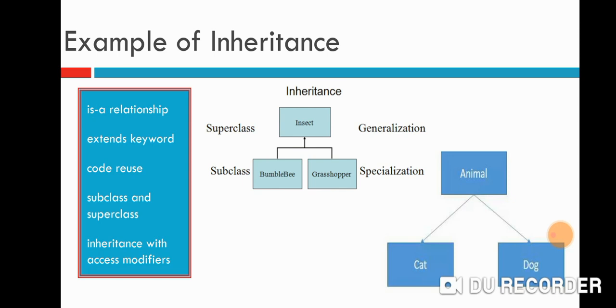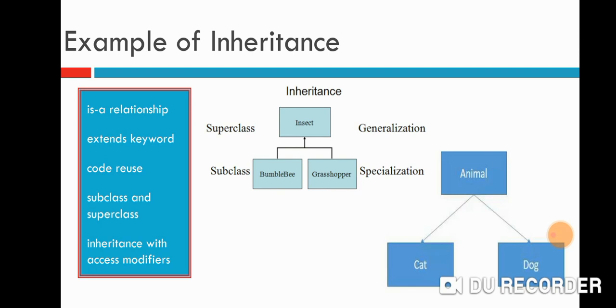It can breathe, it can talk, it can walk, it can eat, it can make sounds, etc. In the same way, we have an insect class, and the bumblebee and grasshopper are different types of insects which have the basic specification of insects. So insect is a generalization and the specialization is a bumblebee and a grasshopper. In the same way, animal is the generalization and cat and dog are the specialization.